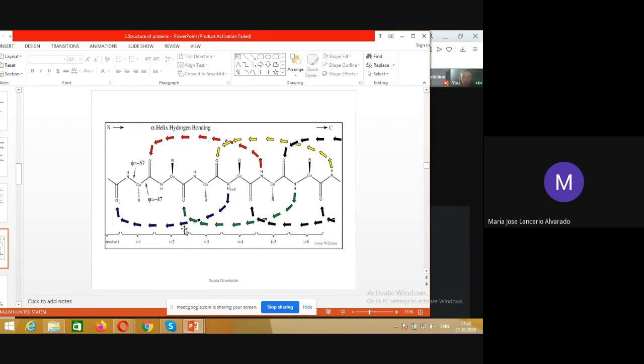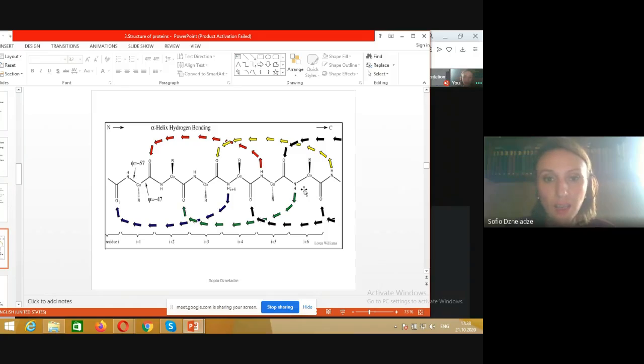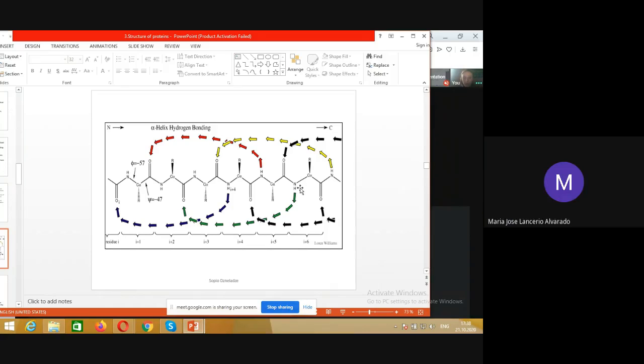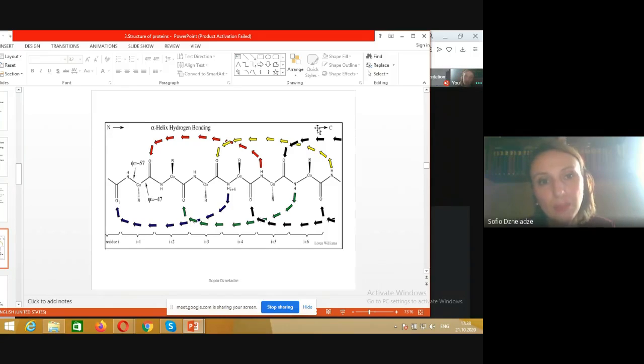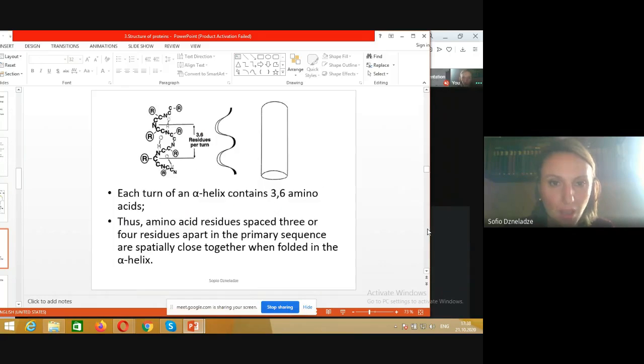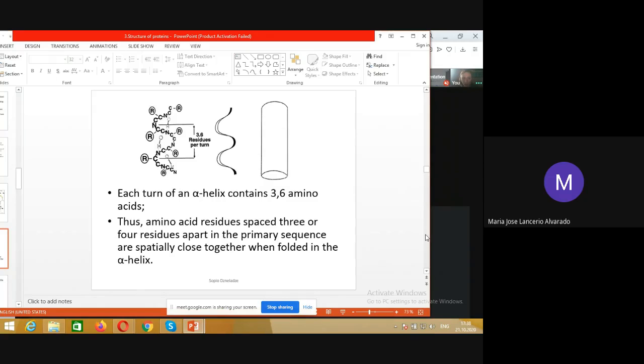Linkage, hydrogen link between the first and fourth amino acid. Yes, second and fifth, then third and sixth, etc. Okay, how it can produce the hydrogen bond from N terminal to C terminal. You can see the arrows which can give the direction of the polypeptide chain.